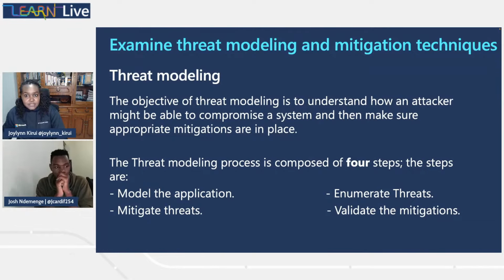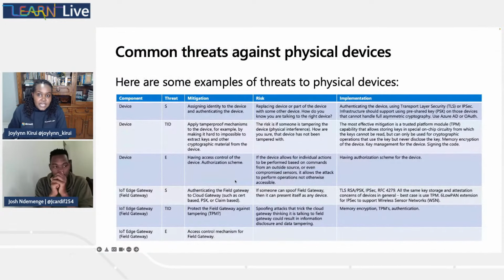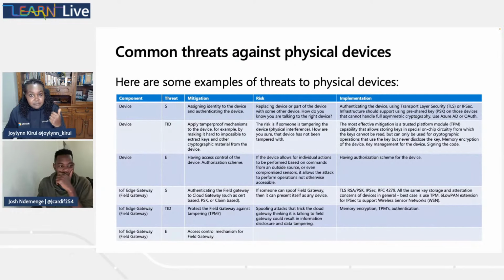Going on further to the last bit of this module, we look at common threats against physical devices. Keeping in mind STRIDE, in devices we're looking at assigning identity to the device and authenticating the device. A risk here is replacing the device or part of the device with some other device.